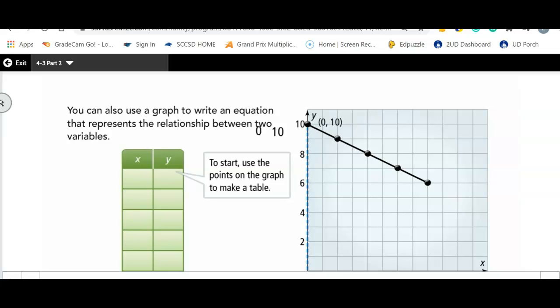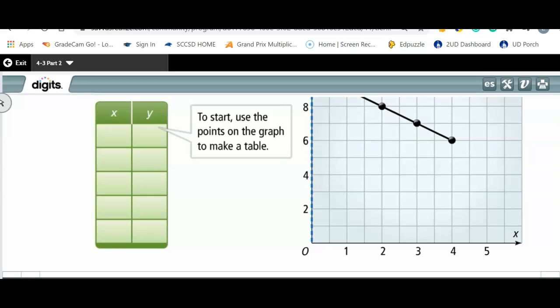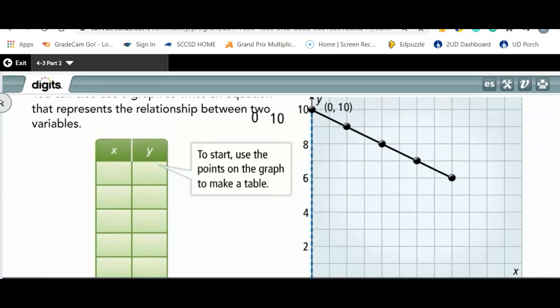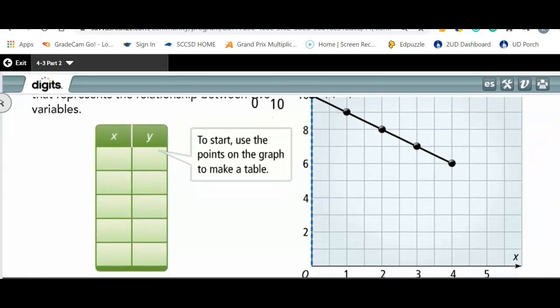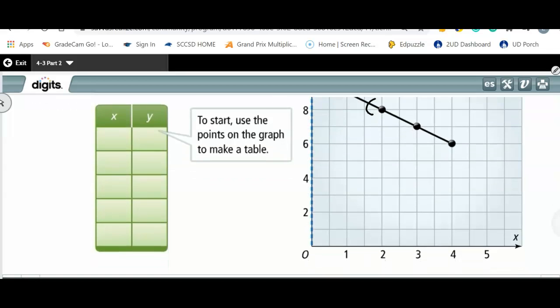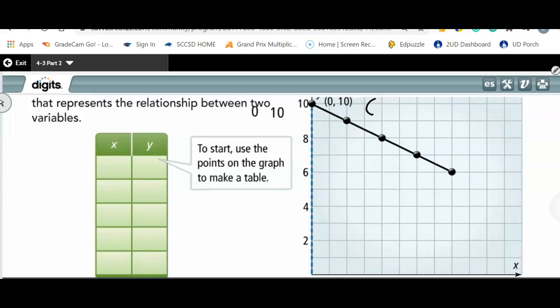So they give us the first one. The ordered pair is 0, 10. What is this ordered pair? This one. Lily. Over 1, up 7. So the ordered pair would be, what is the x value? 1 is 7.